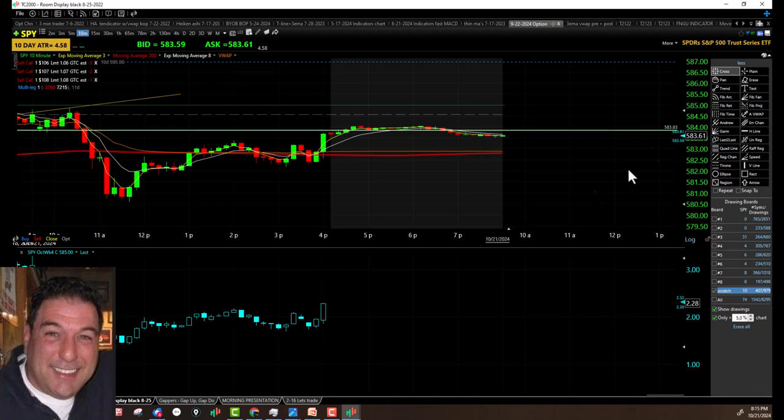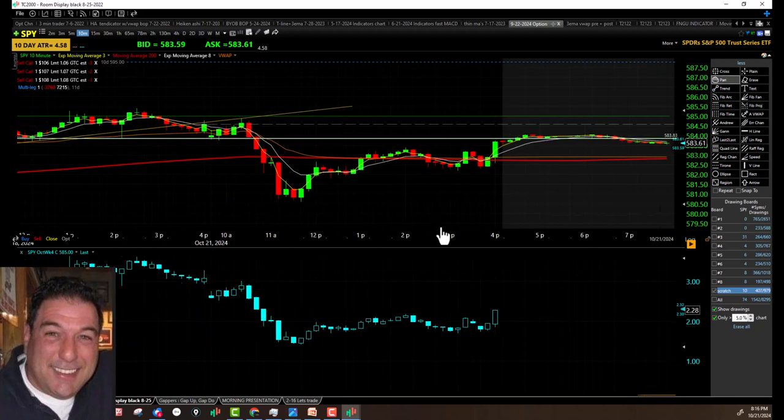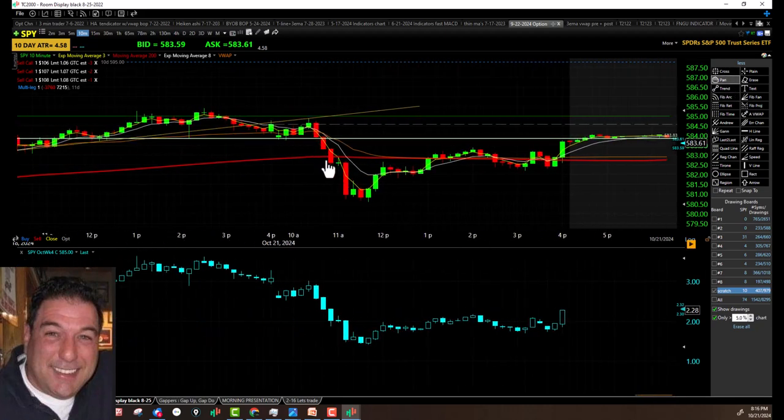How do I know I've got a 10-minute downtrend? I've got price, which is the candlesticks. See how they're spiking down underneath the 3 EMA. That's the thin yellow line. So both price and the 3 EMA are underneath the white EMA. That's the 8 EMA, the white line.